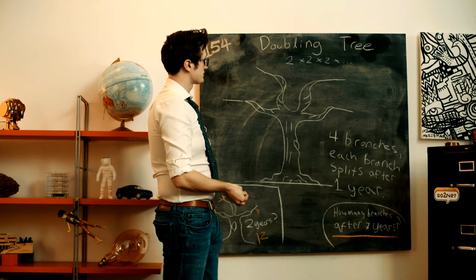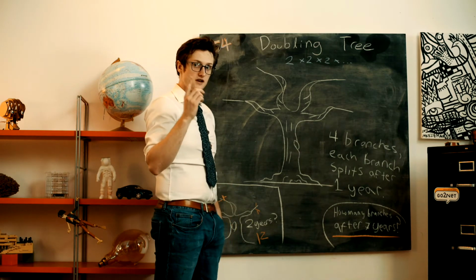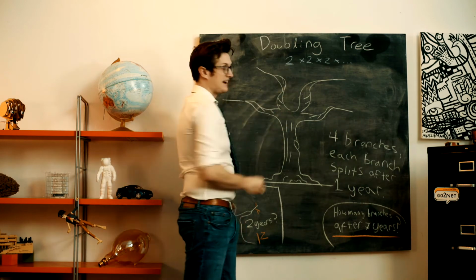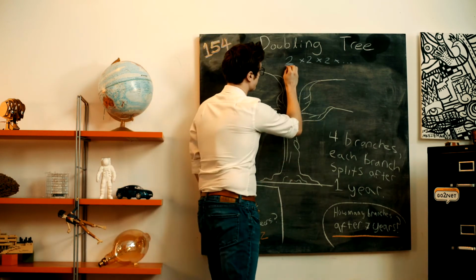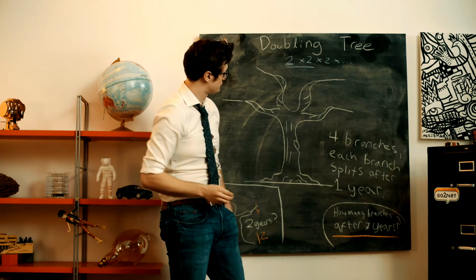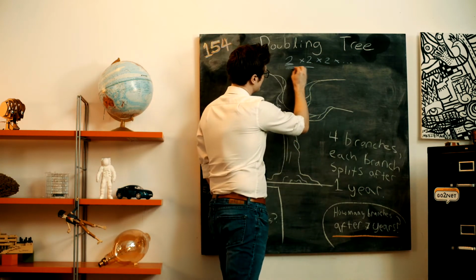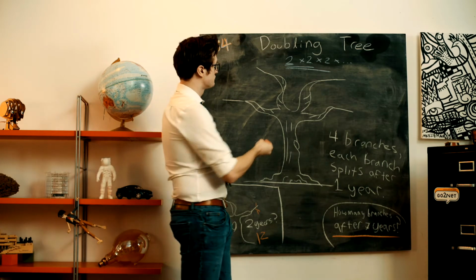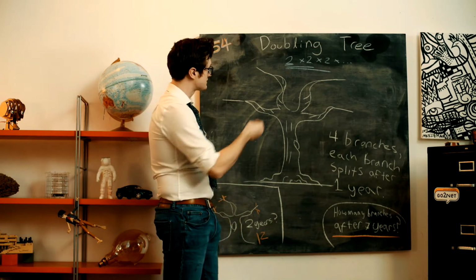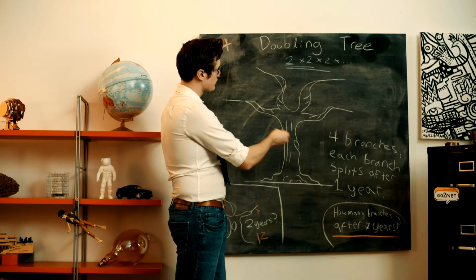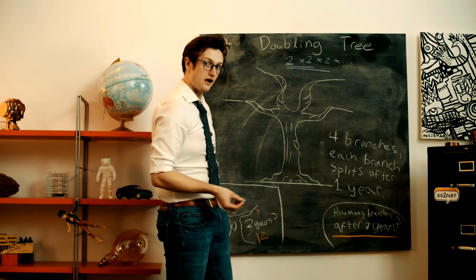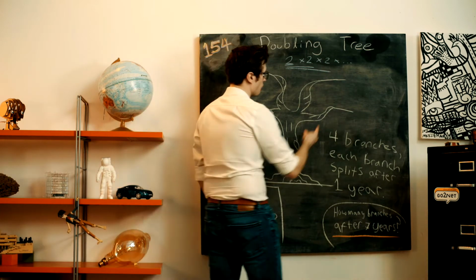So for example, if we had 1 branch, in the first year we would have 2 branches. And then the next year we would have 2 times 2, which would be 4. And then the next year after that we'd have 2 times 2 times 2, which would be 8. So we can see that this problem is actually just a problem to do with 2 to the power of however many years.